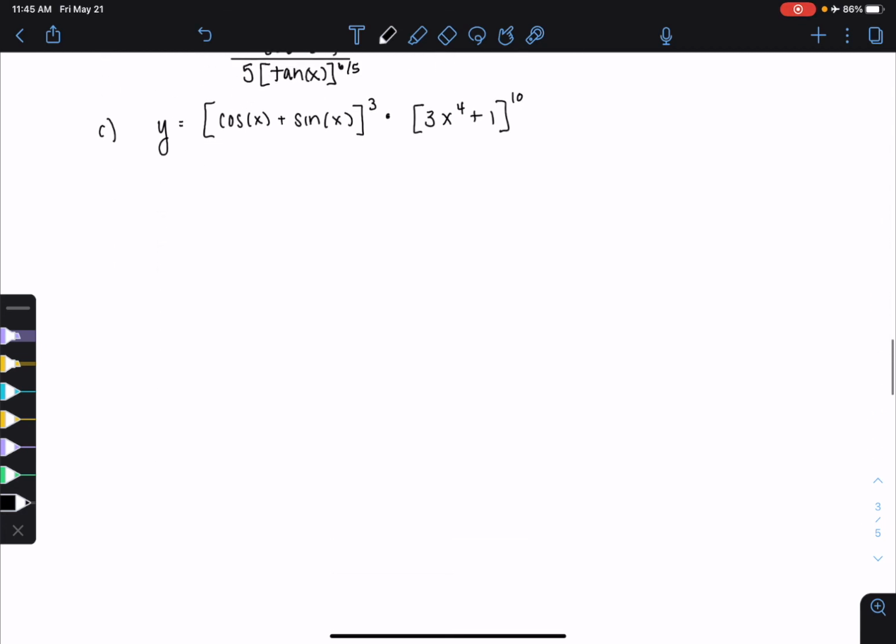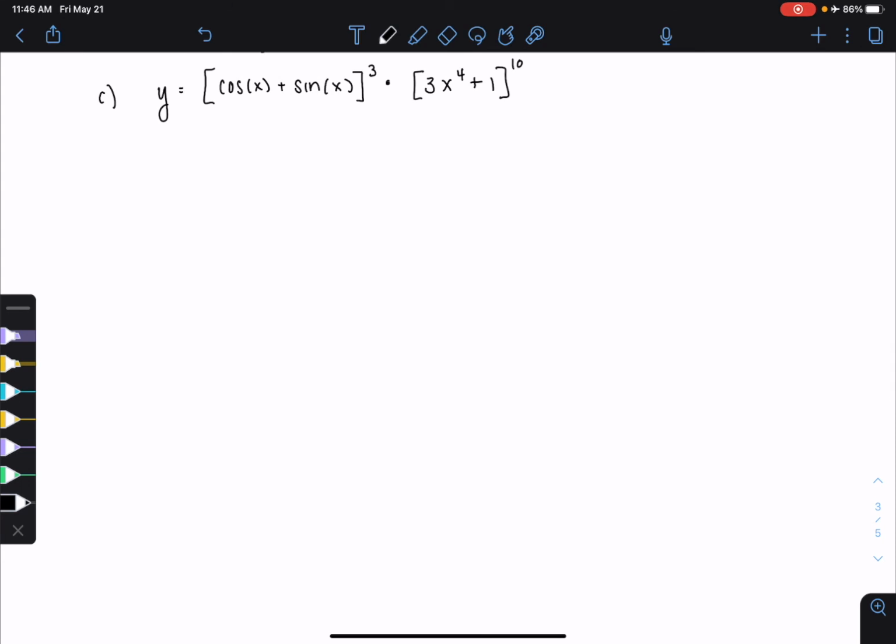All right, got 2 more for you. Work with a long one. We've got a function inside of a function here, a function inside of a function, and we are multiplying these two. So we need to use product and chain rule for this problem. So I'm going to start. I've got my first operation, or that main operation, being this product.